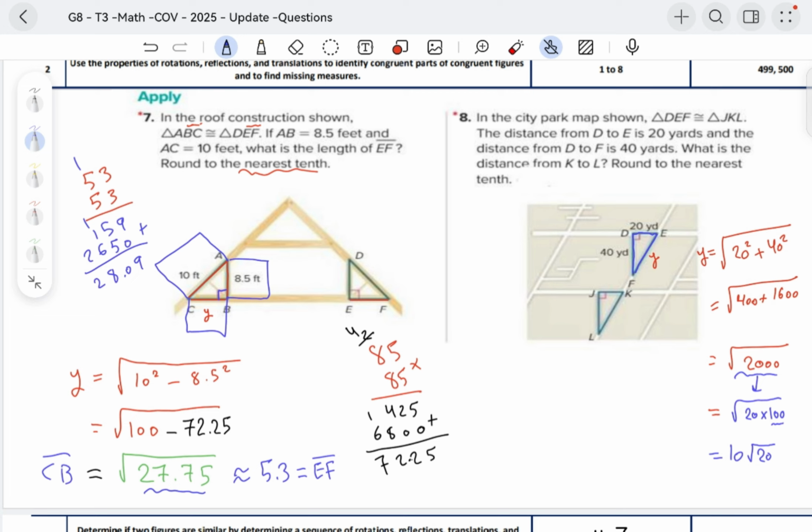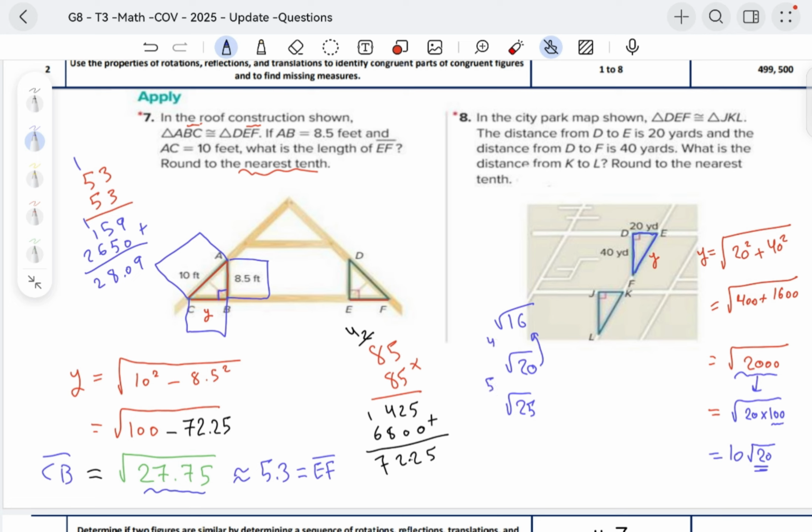Then we're going to approximate the value of the square root of 20. The square root of 20 is between the square root of 16 and 25, but it's closer to 16. Here the difference is 4, but here the difference is 5.